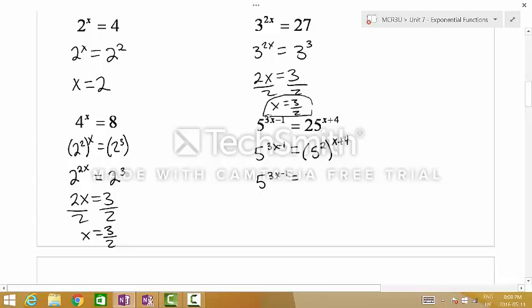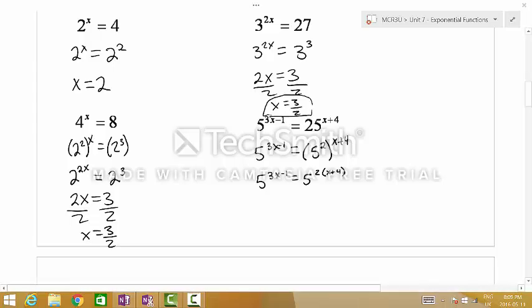Once we've done that, we have, again, a power to a power. Now, the difference here is that the exponent outside the bracket has 2 terms. It's x plus 4. So you don't have to do this step, but it will help. We're multiplying that exponent in the bracket, the 2, by the entire exponent outside the bracket.